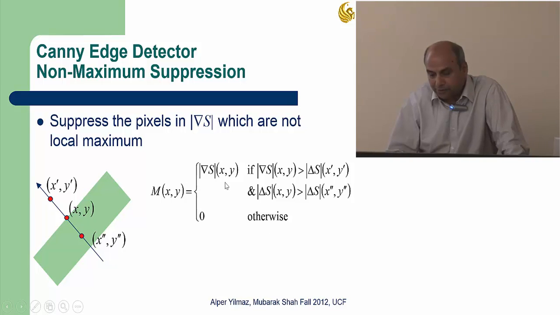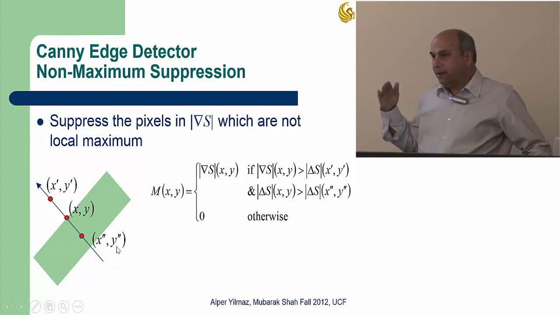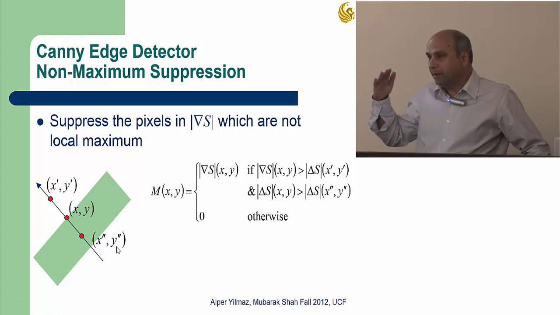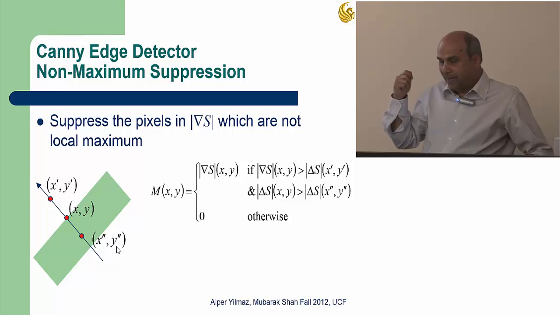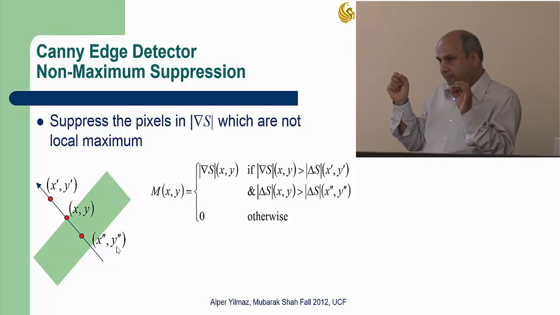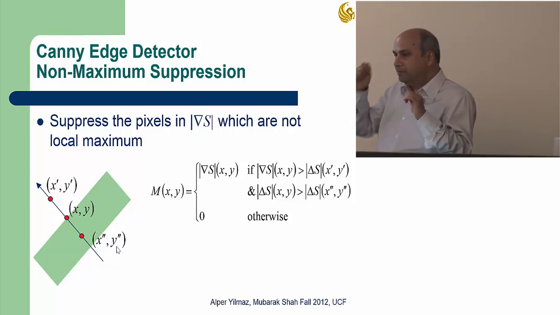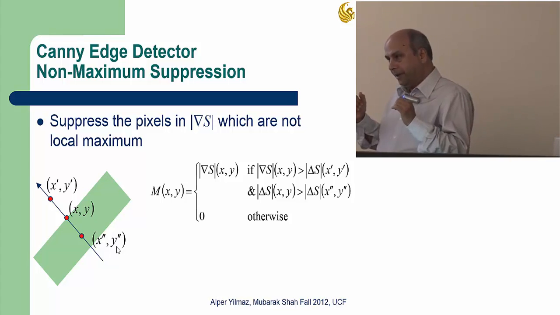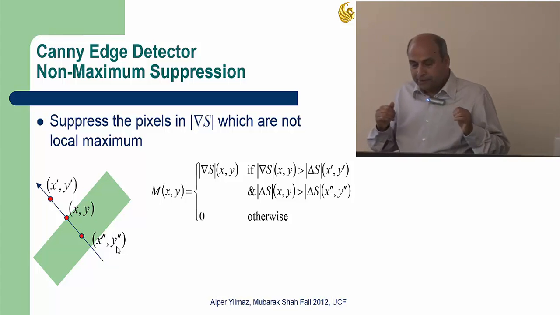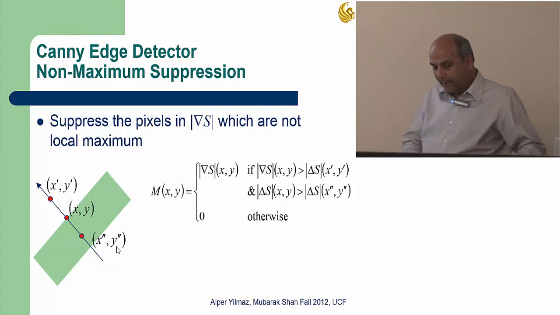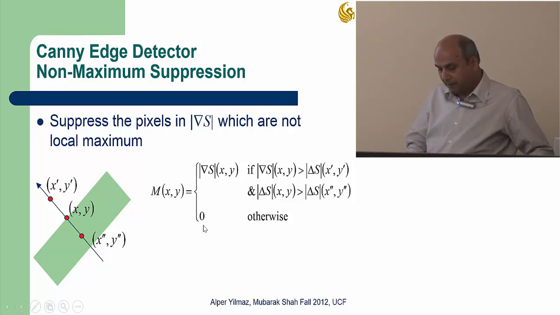If the gradient magnitude at x, y is greater than at x prime, y prime and greater than at x double prime, y double prime, so it is maximum in the direction perpendicular to the edge, then we say this is a maximum. Because when you find a derivative, the maximum change will happen in the direction of the gradient. So if it is a maximum, then we maintain it, otherwise make it 0.